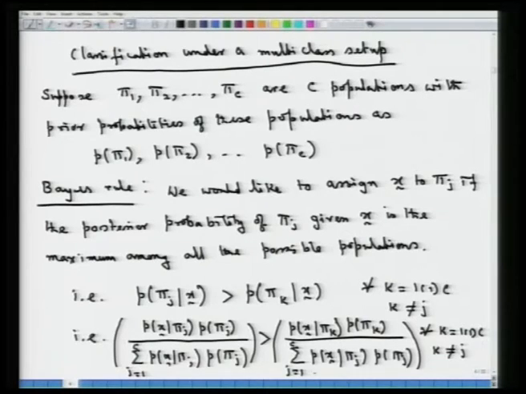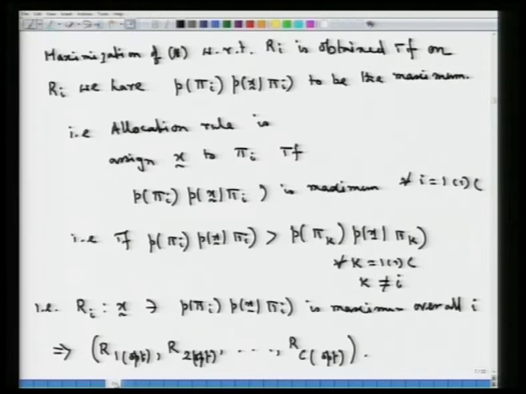However, the denominators on the left hand side and the right hand side are the same, and hence the Bayes rule is based on this expression being greater than the numerator of the right hand side, and hence the two rules are basically equivalent because we have exactly the same rule here.